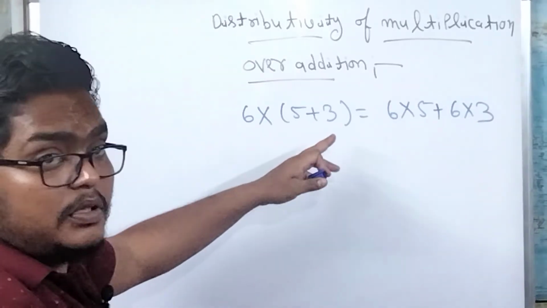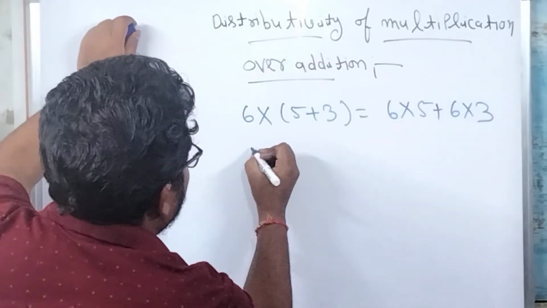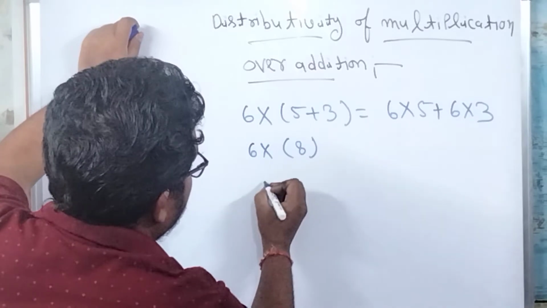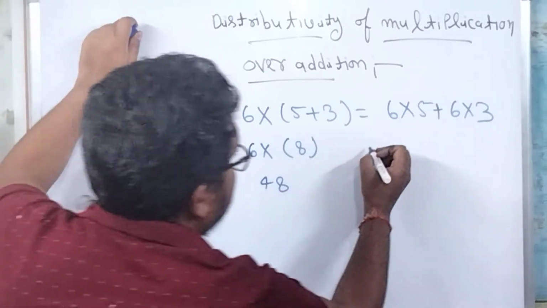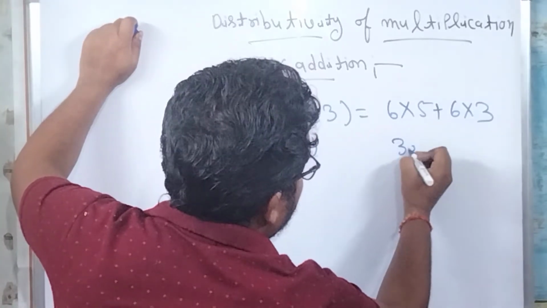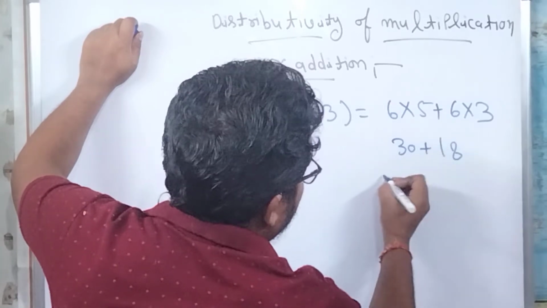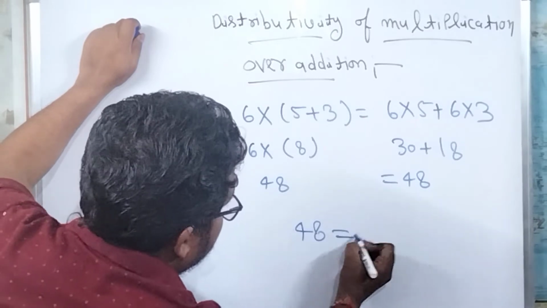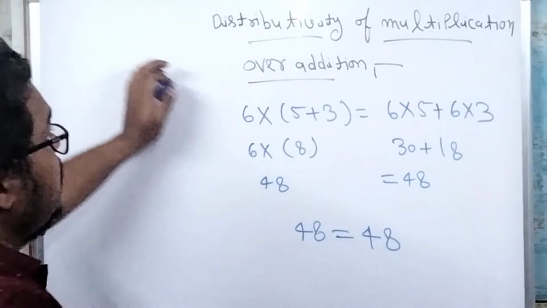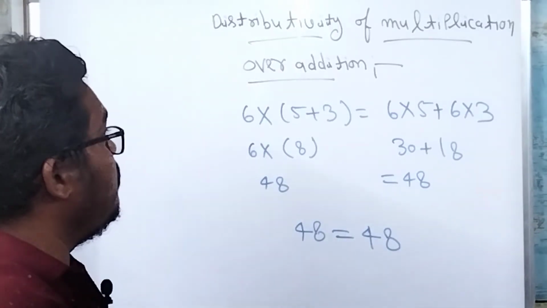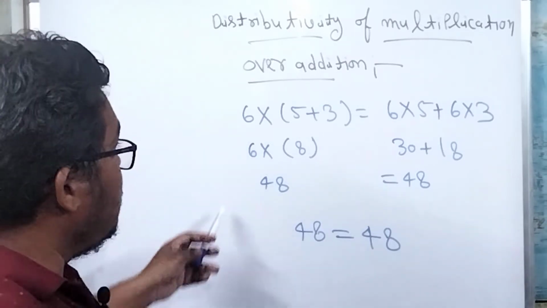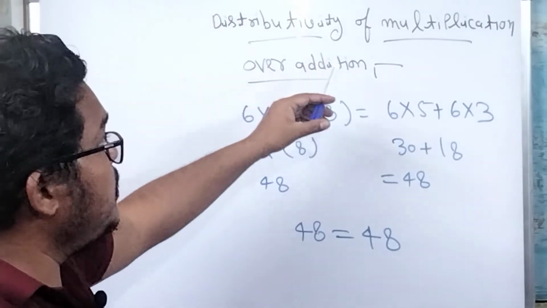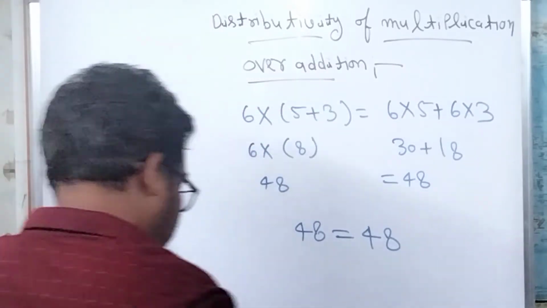We find both values. 6 times (5 + 3) is 6 times 8, which is 48, and here 6 times 5 is 30 plus 6 times 3 is 18, this value is also 48. Here we see that 48 is equal to 48, so distributivity of multiplication over addition is followed. Both values are equal. This is proof that the distributive rule is followed over addition.